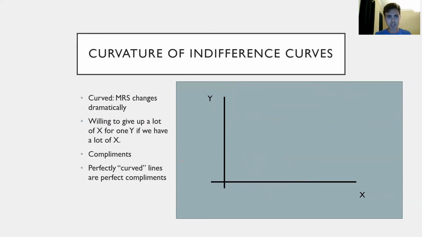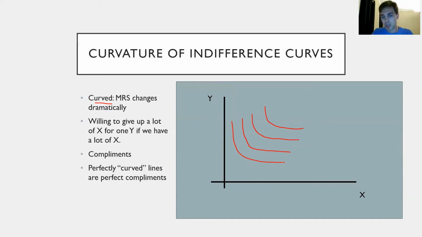Okay, so like I said, we could also have a very curved indifference curve. So let's look at this. Obviously this is much more curved than the previous indifference curves I drew. And I'll just draw one more for completeness. This is telling us that how much y we're willing to give up for an additional unit of x depends heavily on where we are on the indifference curve.